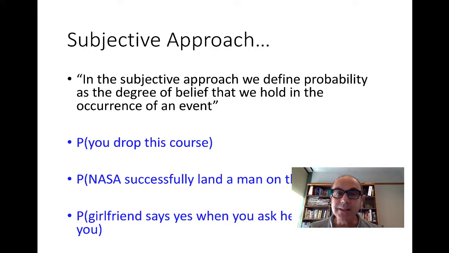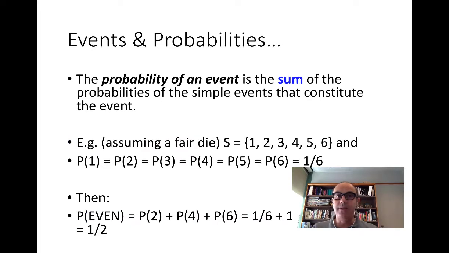And as I said, subjective probability is the idea of your own judgment, your own degree of judgment. For example, the probability that your girlfriend or your boyfriend will say yes when you ask her or him to marry you. So this is subjective.